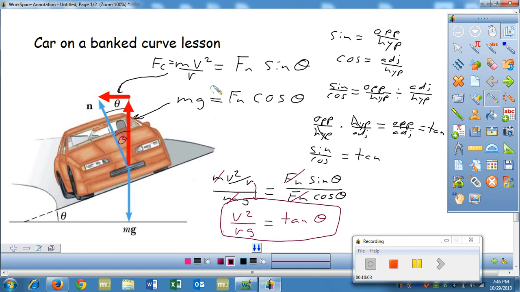And then there's the vertical force, which balances out mg. So mg is the normal force times the cosine of theta, because it's the adjacent. So now all we do is take this equation divided by that equation. We've got this one on top, that one on bottom. Cancel out the m's, drop the r down, cancel out the normal forces, and the sine over cosine becomes a tan, and there you have your formula.